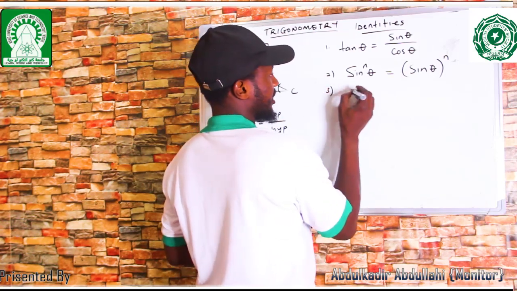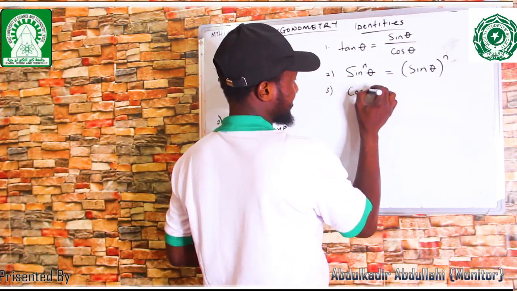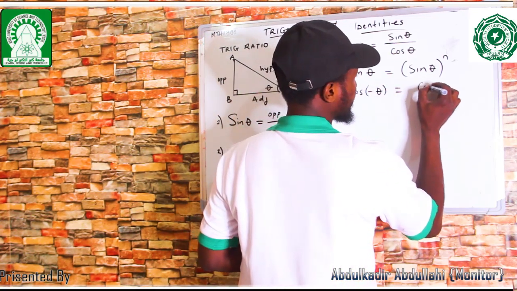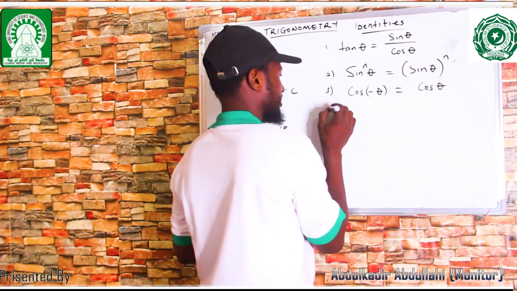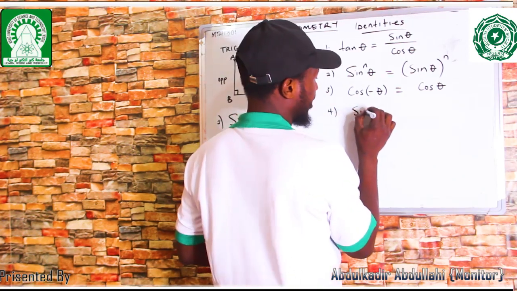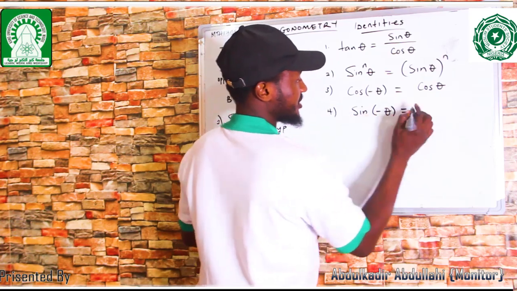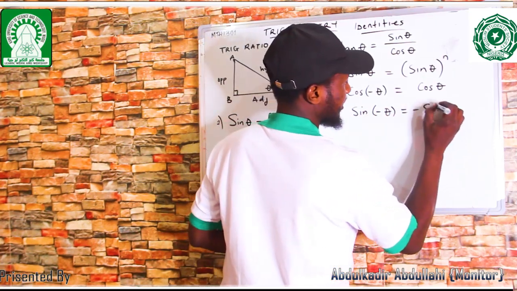Number 3, cos of negative theta is the same thing as cos of positive theta. Number 4, sine of negative theta is the same thing as minus sine theta.